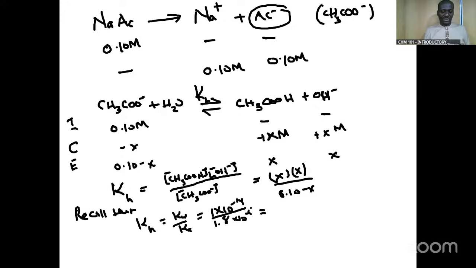And that should give us 5.56 times 10 to the power of minus 10.